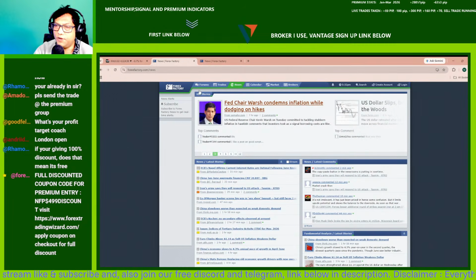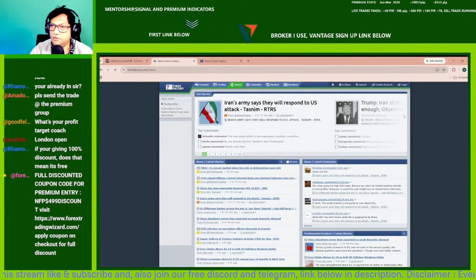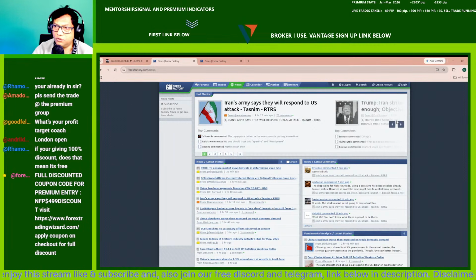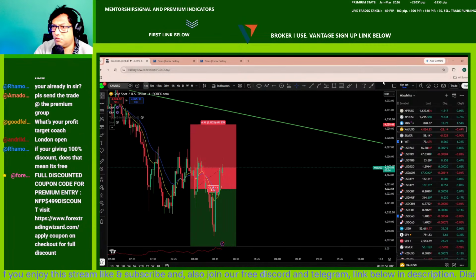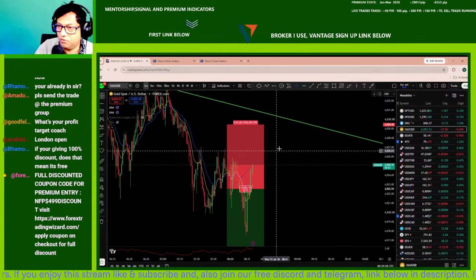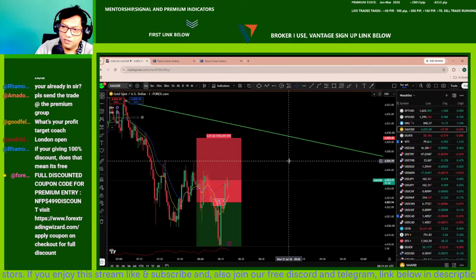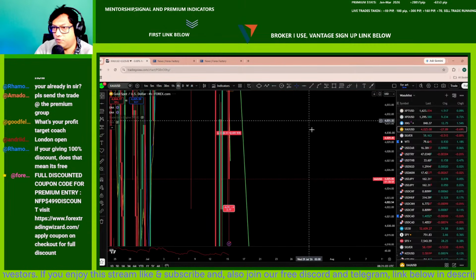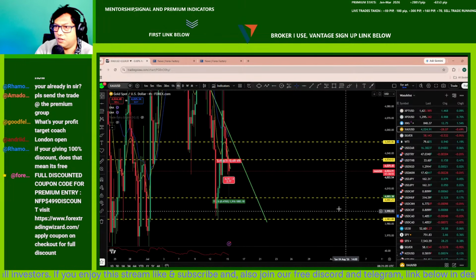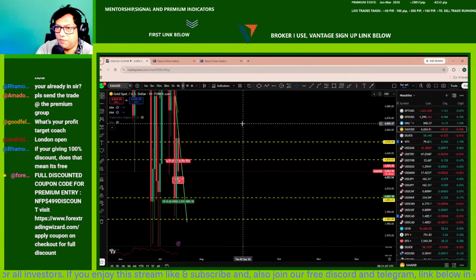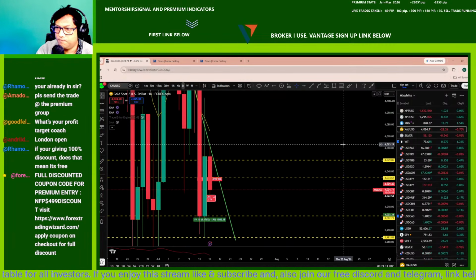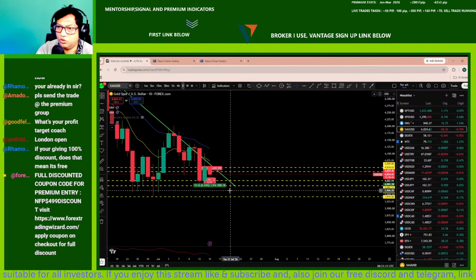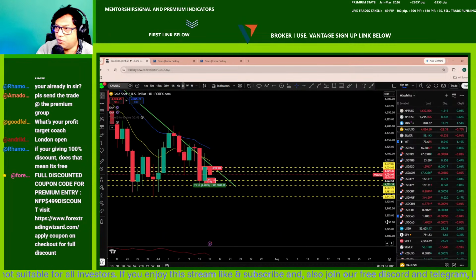And what is happening with the current sentiment? Iran's army says they will respond to US attacks. So, just giving a double check here on the market sentiment, which shows that if you look at the daily, the daily price action is significantly bearish after this big drop here, and there are chances for the market to continue to come back to the support.